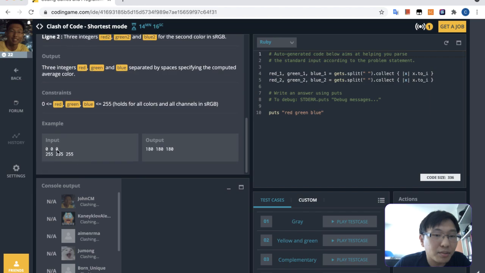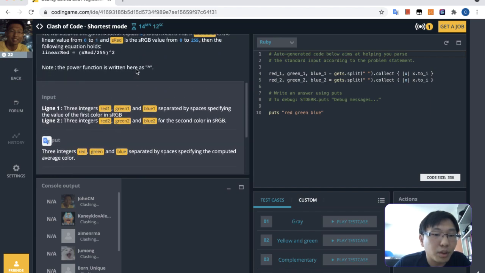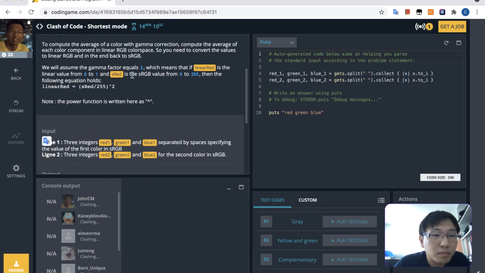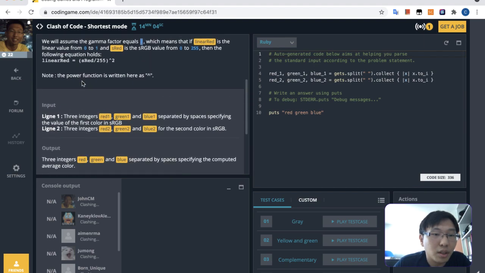Where's the gamma factor? Here, is it? Wait. No, there's no gamma. Okay, the gamma factor is always 2. So over here, this will be S rate divided by 255 squared.